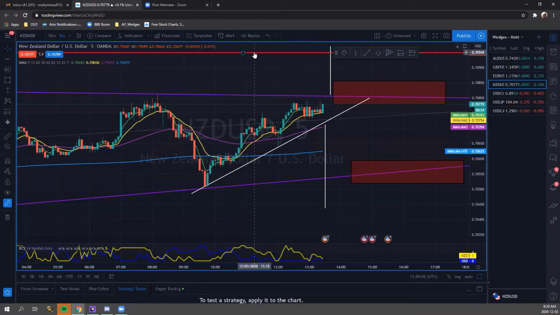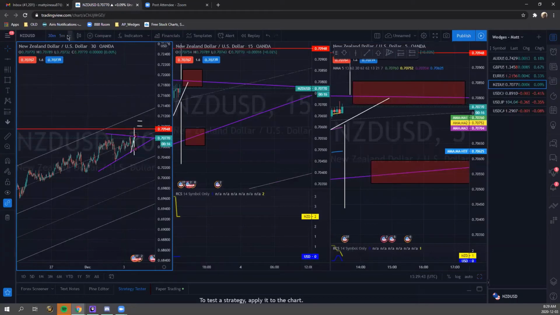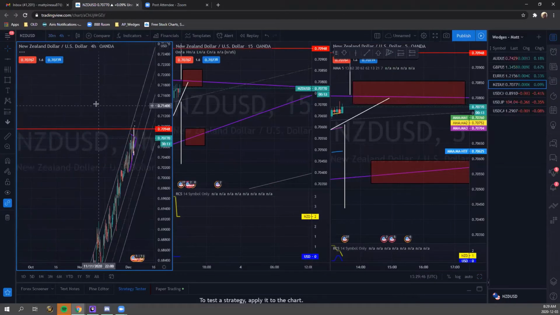Let me see what's going on here on the charts. Instead of waiting around, what I can do is show you a little bit higher time frame just so you can have a visual idea.